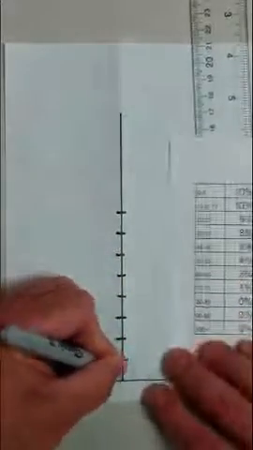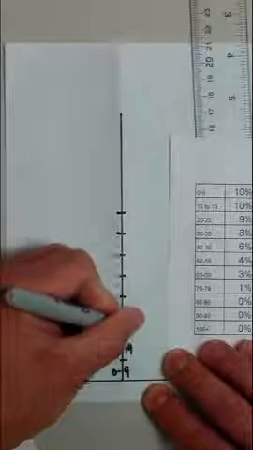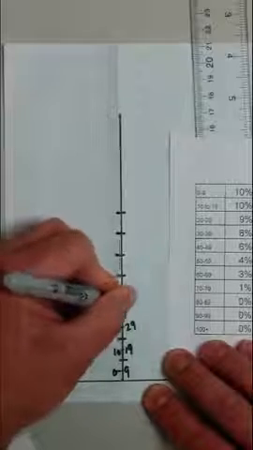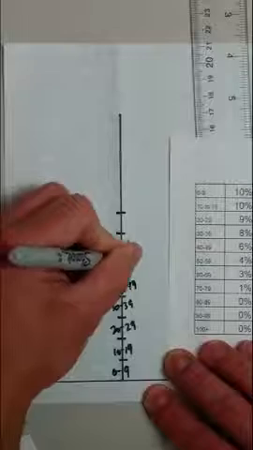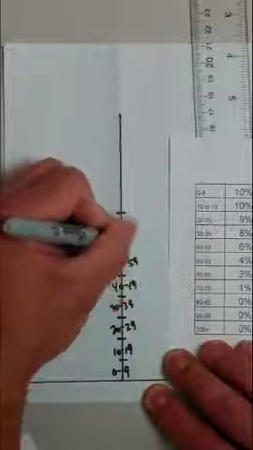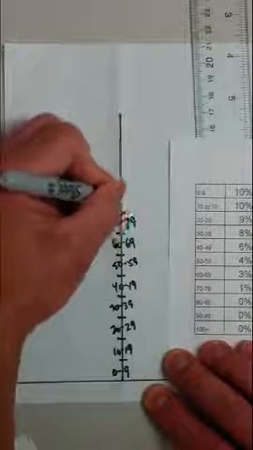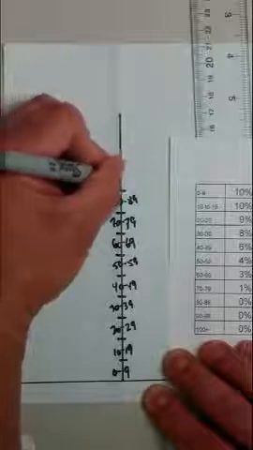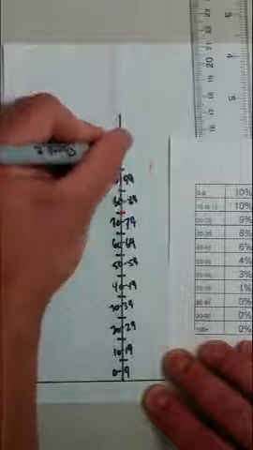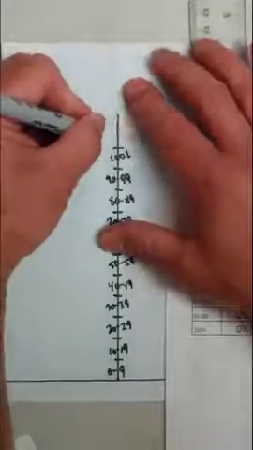In my case, I have 0 to 9, 10 to 19, 20 to 29, 30 to 39, and then 100 plus. Okay, so those are my ages. I need to label this. So I'm going to call this age.